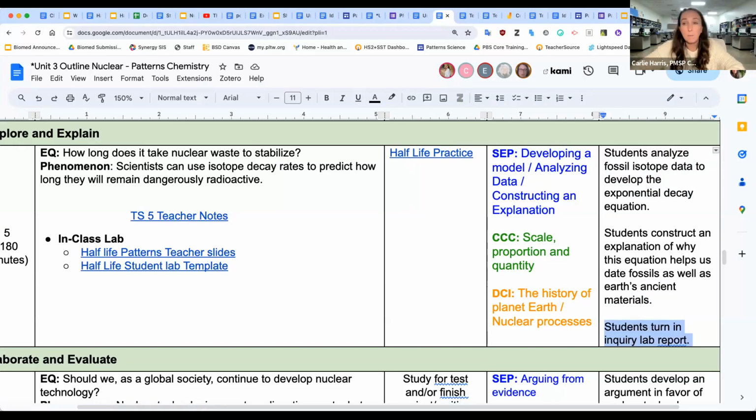At this point, maybe they haven't written a full lab report. Maybe you've been focusing on different aspects of the lab, and maybe this is the opportunity to turn in that full lab report. Or maybe you're still working on certain parts of the lab, and you're going to get to that full lab report maybe in unit 4. Whatever works for you and your students.